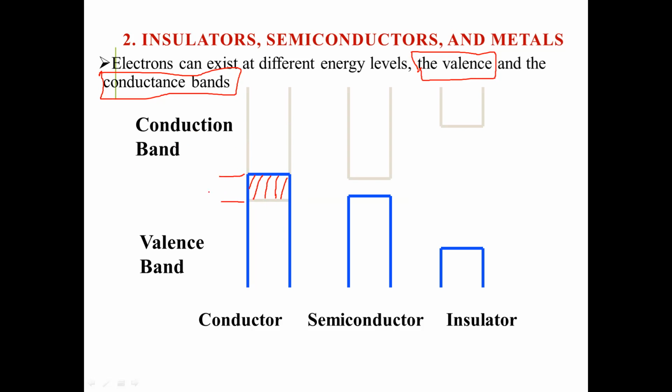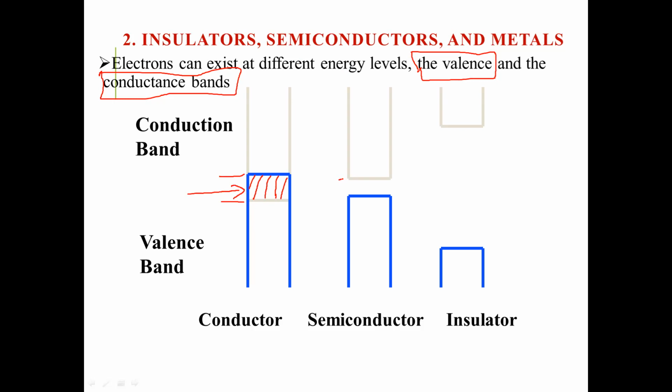In other words, there are electrons in conductors which do not need energy, as long as we are above absolute zero, to start being free to move. That's why we say conductors have a pool of free electrons. They can already move because they are already in the conduction band.